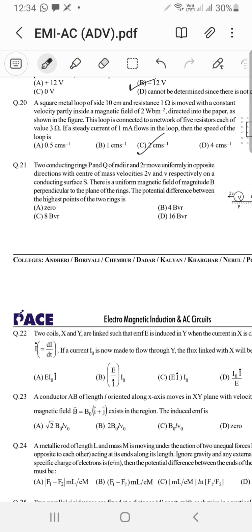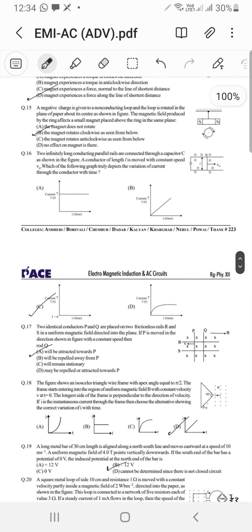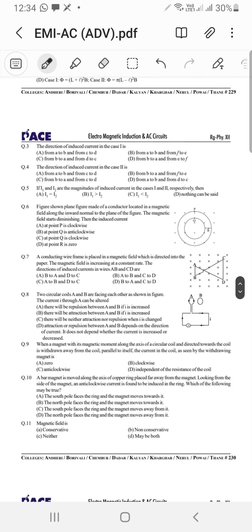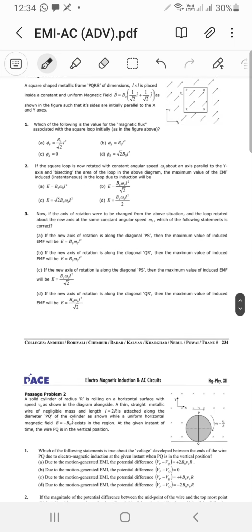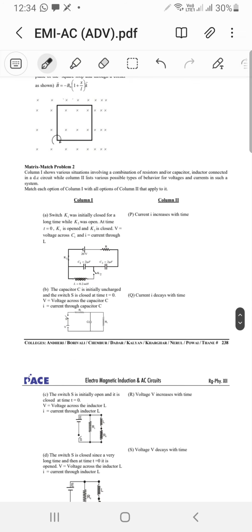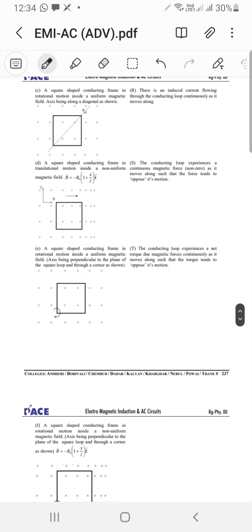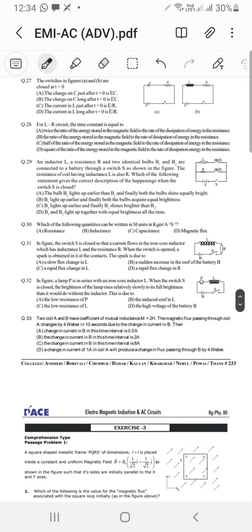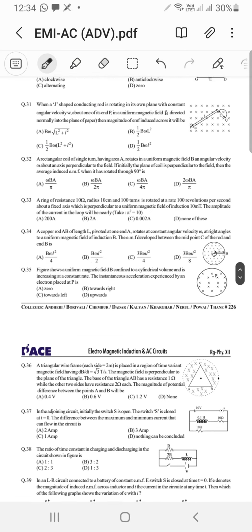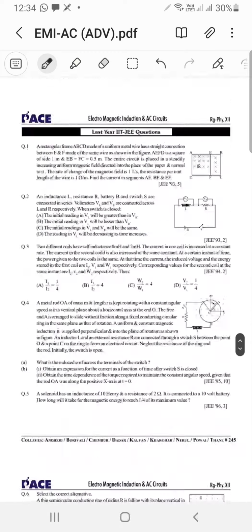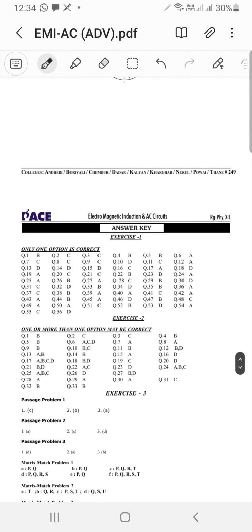Let's just check these. Where is it? This is exercise 3. Where are the answers? Shit.